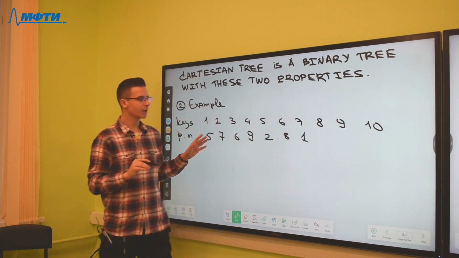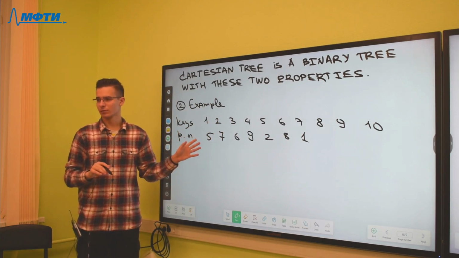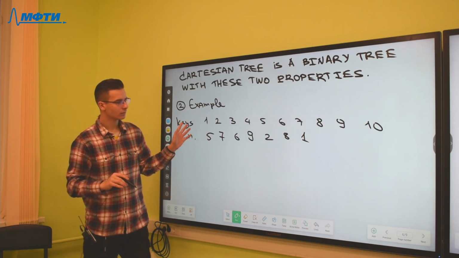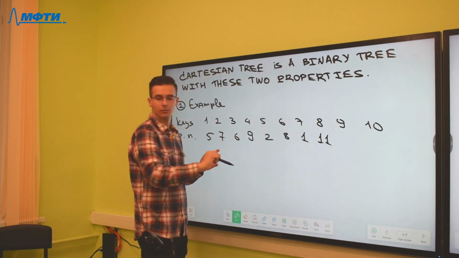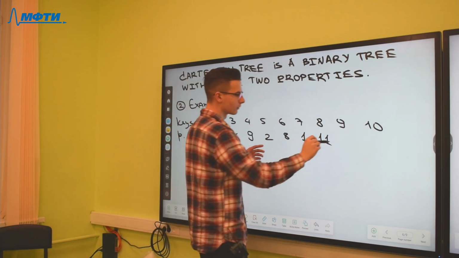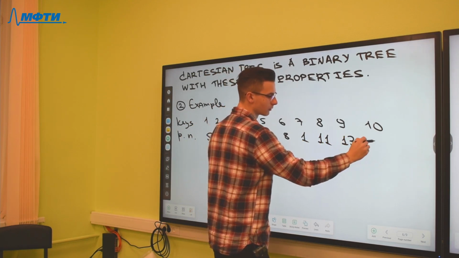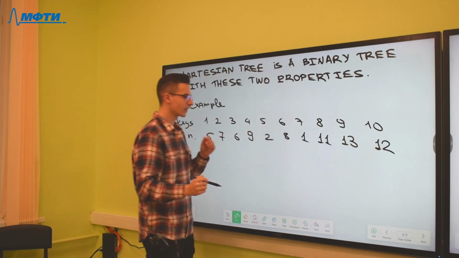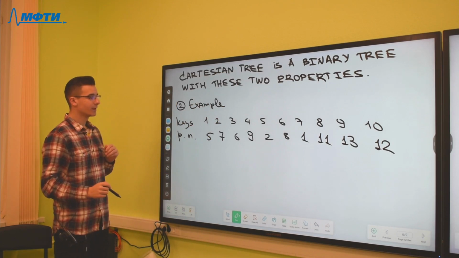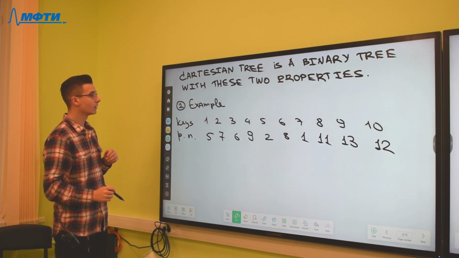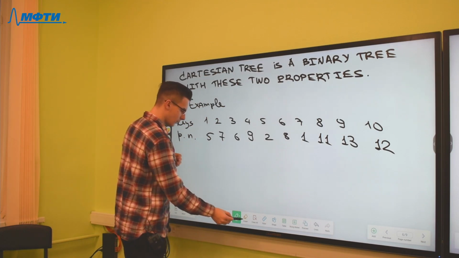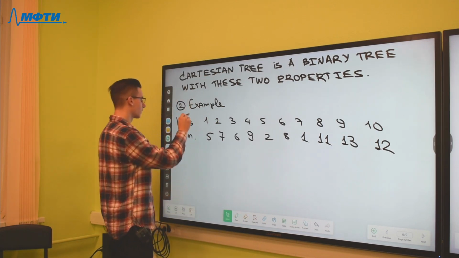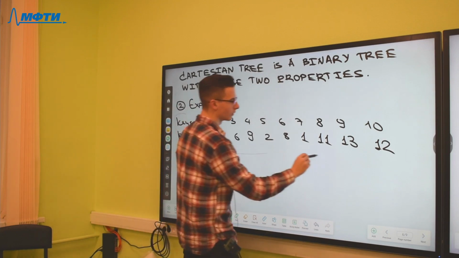It can be bigger than 10. Okay. Then to make a Cartesian tree, I reduce it.